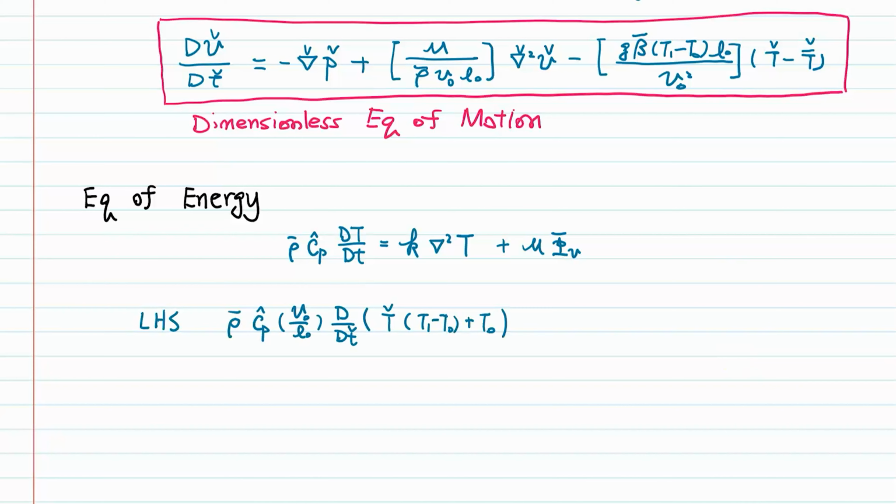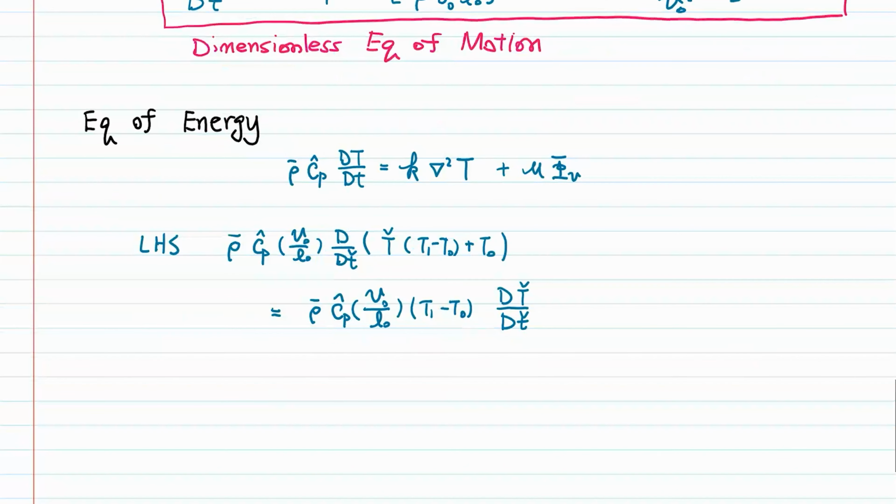Okay, so this equals rho Cp V naught over L naught times T1 minus T naught, d dimensionless T over d dimensionless lowercase t. So this would be your left-hand side.